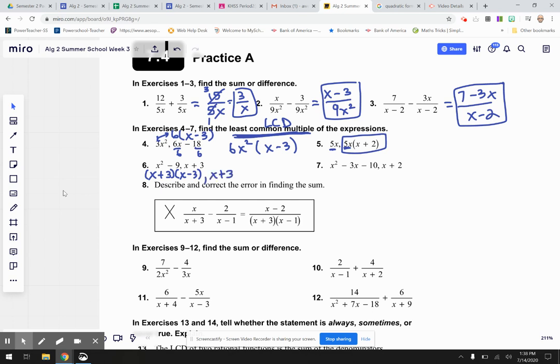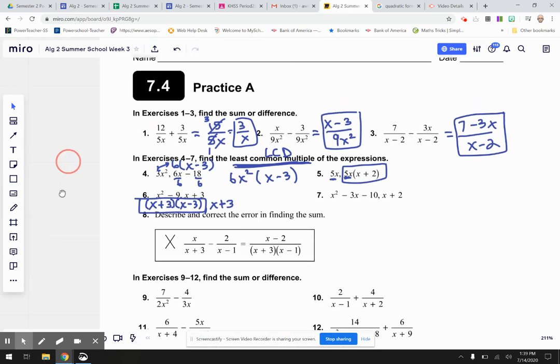So your common denominator would be the first denominator, x plus 3, x minus 3, because you could take the second one, x plus 3, and just multiply it by x minus 3 on top and bottom and get that same denominator. So that would be a common denominator. You could get both denominators to be that. You've got to find out what you could get both denominators to become.